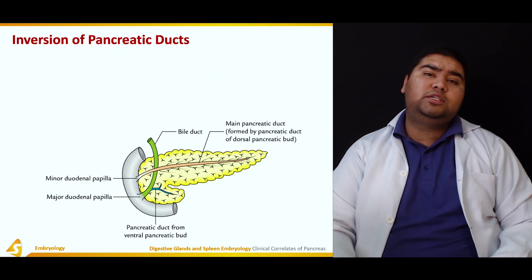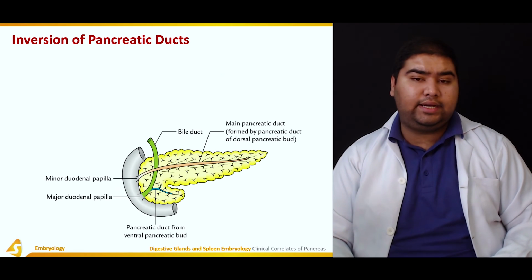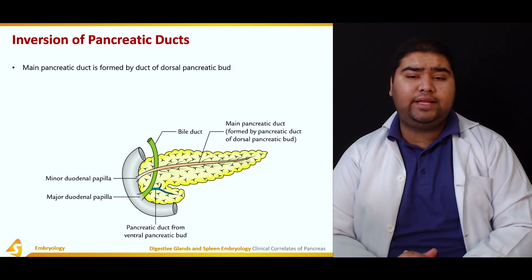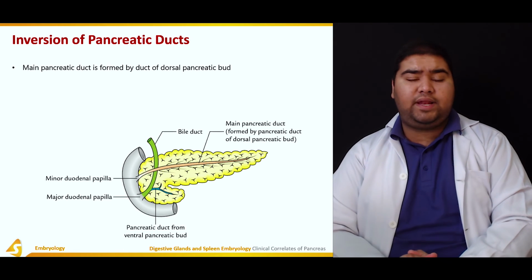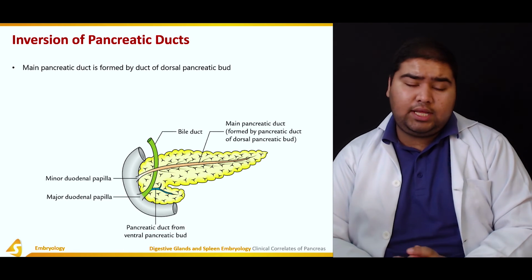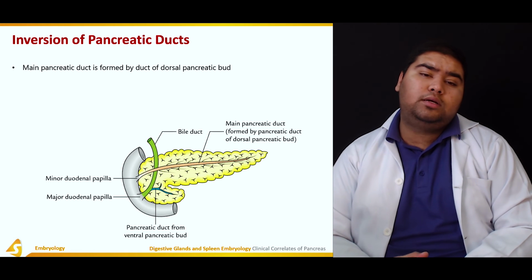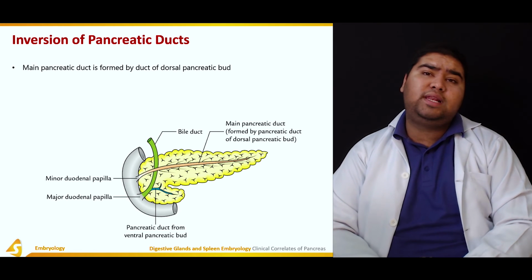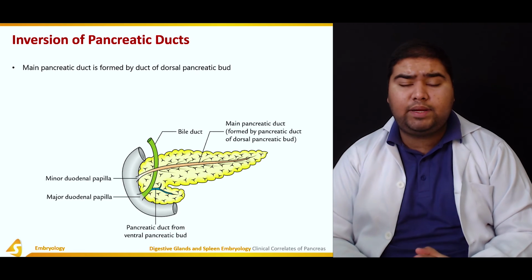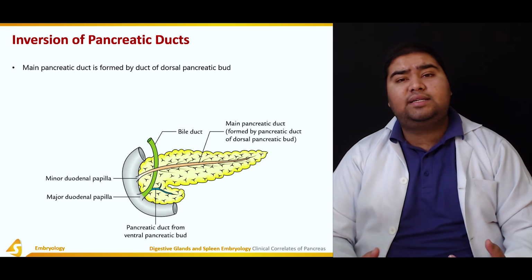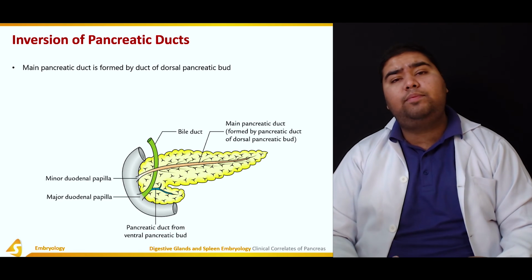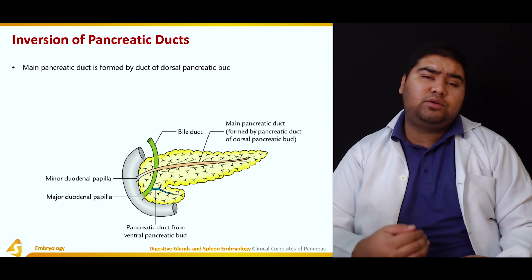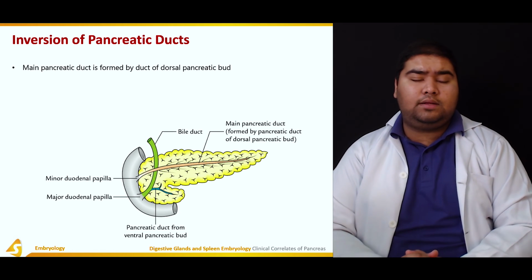So now the inversion of the pancreatic ducts. Usually the main pancreatic duct is formed by the union of the dorsal and ventral pancreatic ducts, with the proximal part of the dorsal pancreatic duct forming a connection with the ventral pancreatic duct.